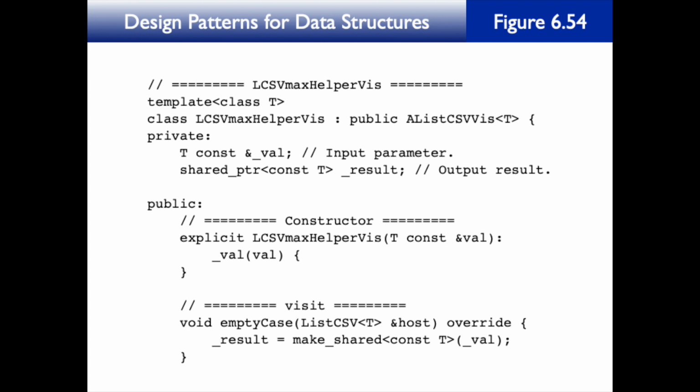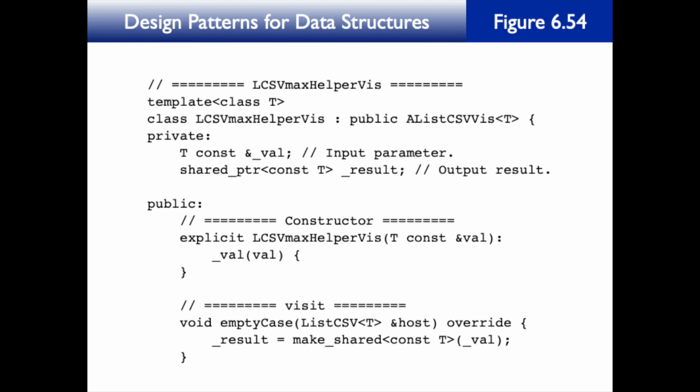Now you remember there were two things about this. First of all, it had an input parameter, and second of all, it returned a result. So corresponding to these two items, we have an underscore val, which corresponds to the parameter, and the underscore result, which corresponds to the result.